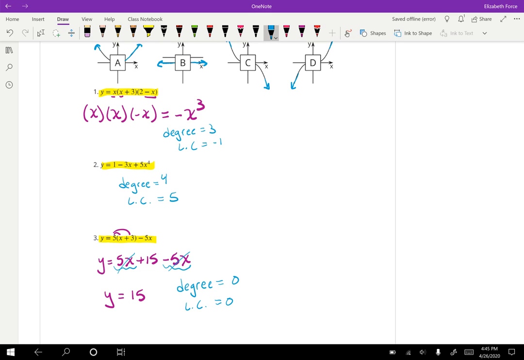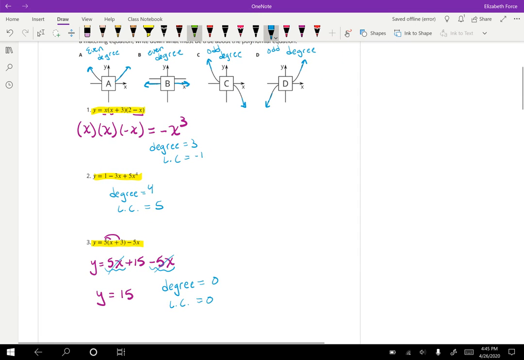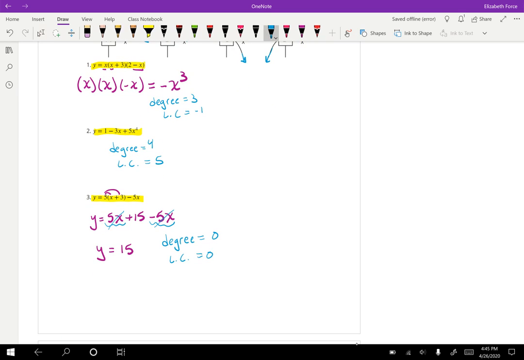So let's go ahead and use this knowledge to help us match up the graphs. I know that number 3 is a flat line, right? This is a constant function because there's no slope to it. There's no 3x or 4x to it. It's a constant function, which means it's a flat line. There's no rate of change here, so it's a flat line.